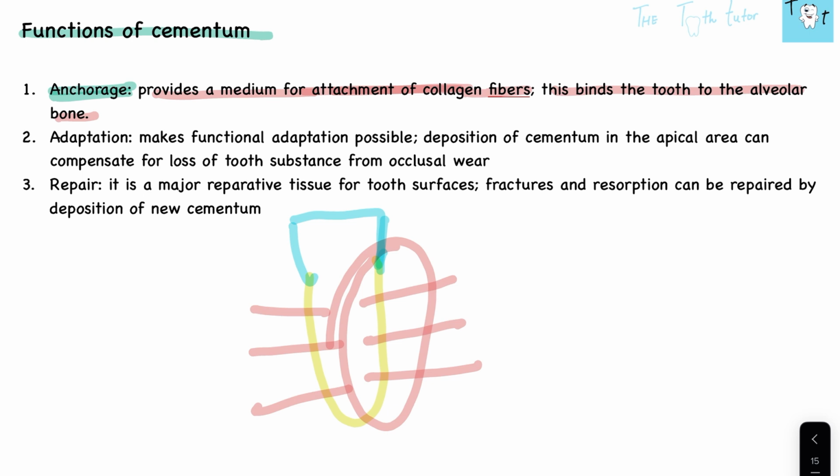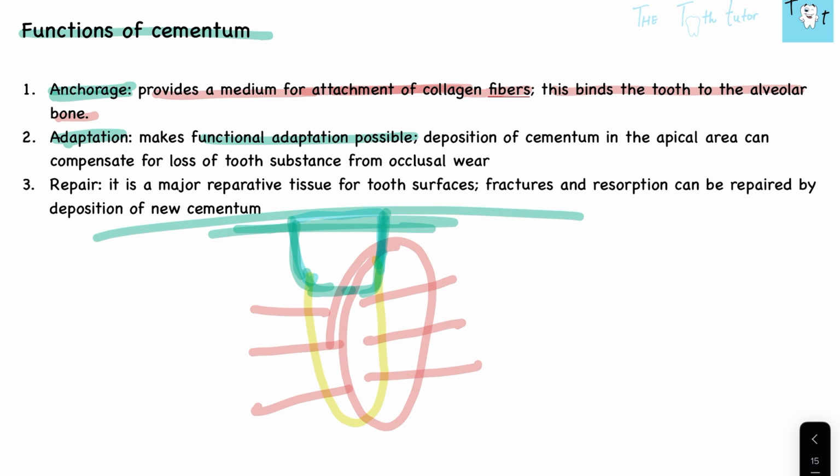Second is adaptation. It makes functional adaptation possible. I have repeated this a lot of times, that if something happens to our tooth, the height or the repair is adjusted because of the cementum. If that was not present, imagine our tooth got abraded from here, so our tooth disappeared for some reason. Over time it got abraded and got tinier over here.